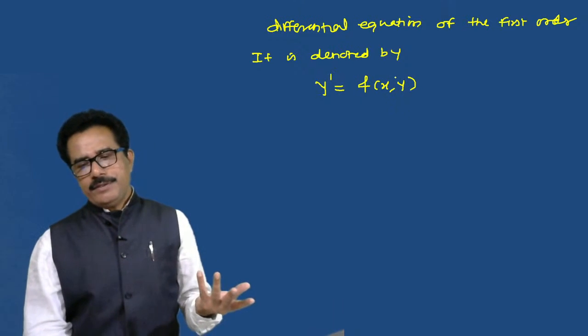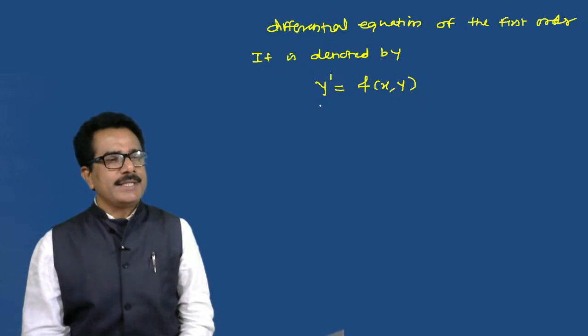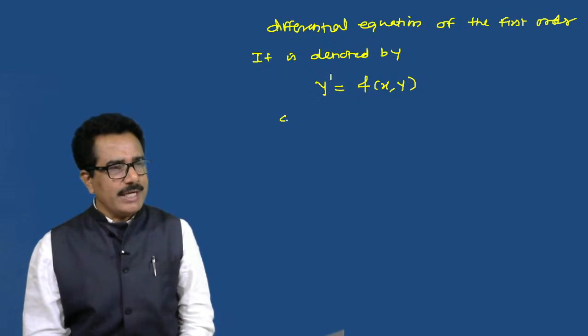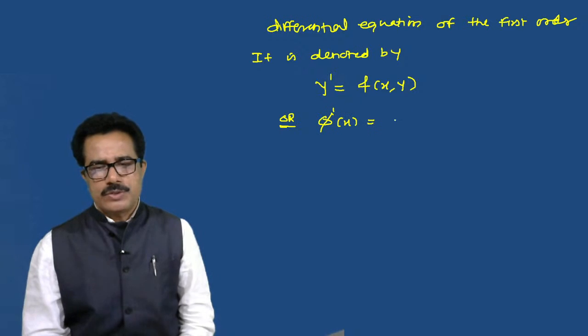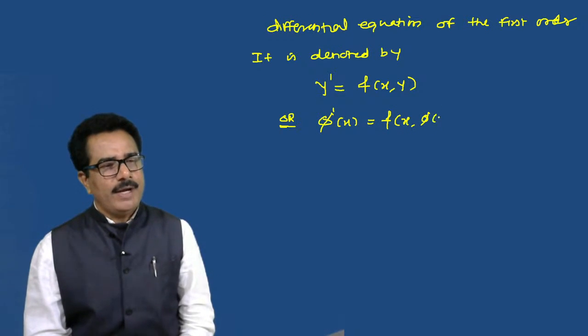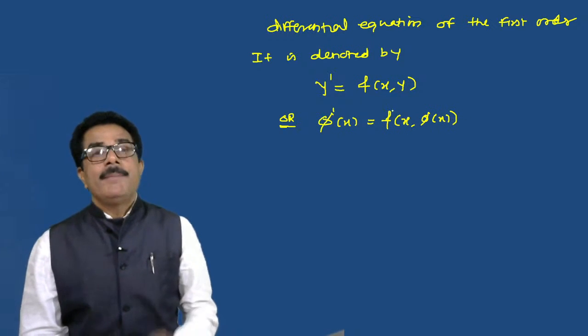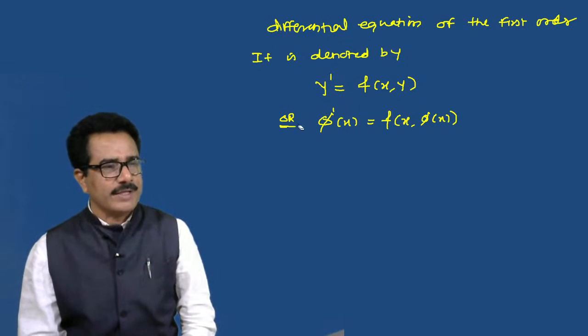Y dash equals f of x comma y, or we can write phi dash of x is equals to f of x comma phi of x, which is also the differential form, but generally it is denoted shortly as y dash equals f of x comma y.